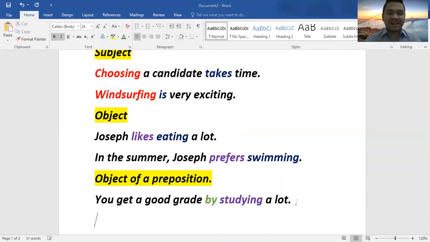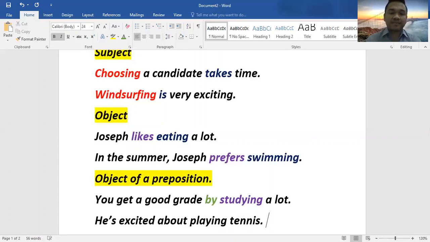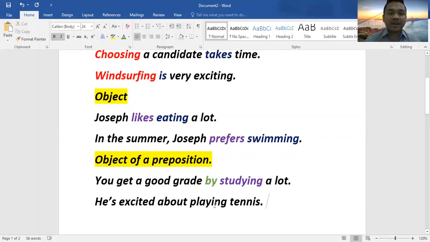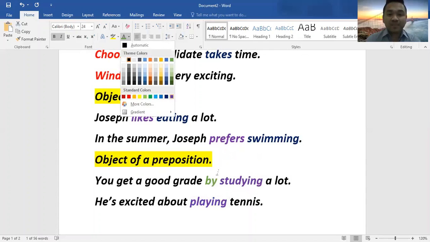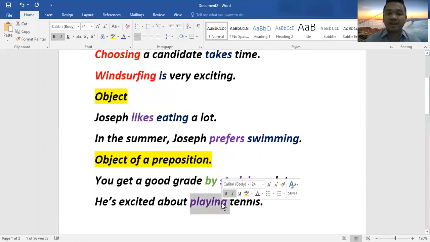As easy as that. One more example. He's excited about playing tennis. Now look at this. What is the gerund here? Playing. Okay, the gerund here is playing, and before the gerund playing, there is a preposition, about.